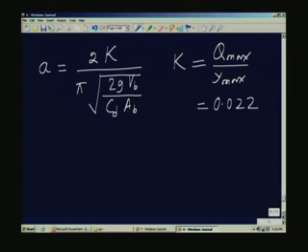You put the Q max value and the Y max value, and you just work it out, it will come to 0.022. So, that value is known. All I have to do is to substitute all the values.